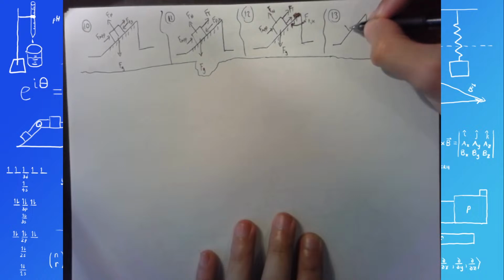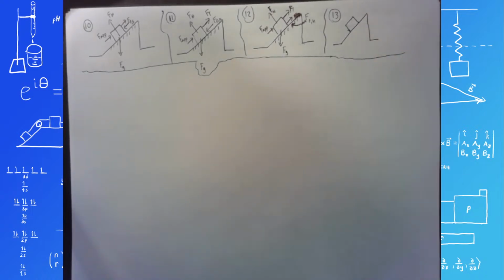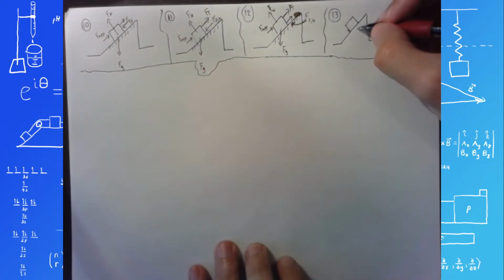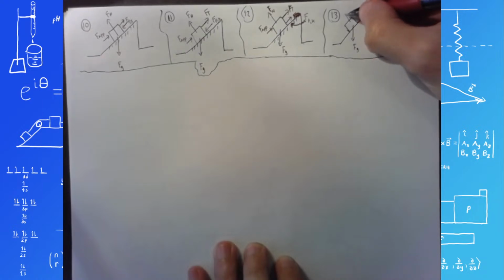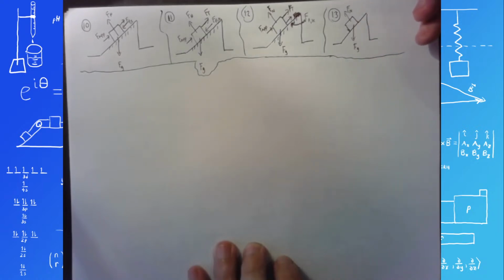So we've got a block right here, smooth ramp, there should be force of gravity straight down, and normal force perpendicular to the ramp, and no applied forces because the person has been removed, no friction forces to worry about, there's no rope so the tension force is gone.